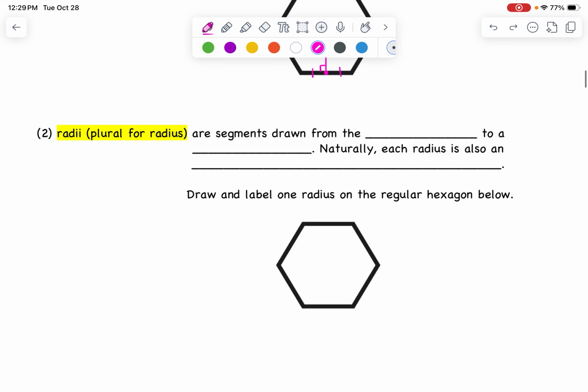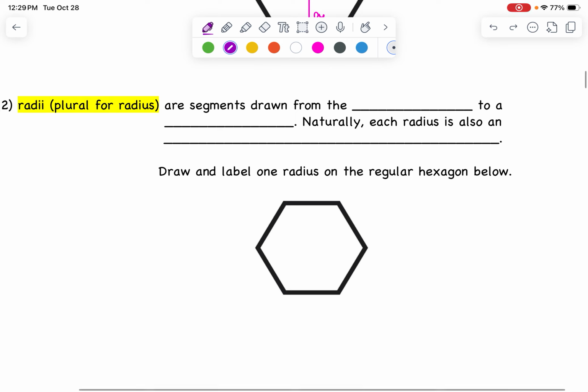All right, so a radius, a lot of people think that only circles have radii, but regular polygons do too. And I hope that's pretty obvious because if I were to draw a circle around a regular polygon, it would fit perfectly, right? That only really happens with regular polygons, right? So I can totally draw a circle around it.